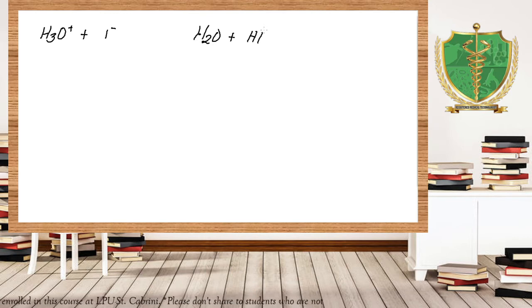Well, I've mentioned that this is an acid, so definitely this is our acid. This is our acid. This is our base, and this is our base. This is our conjugate base, and this is our conjugate acid.